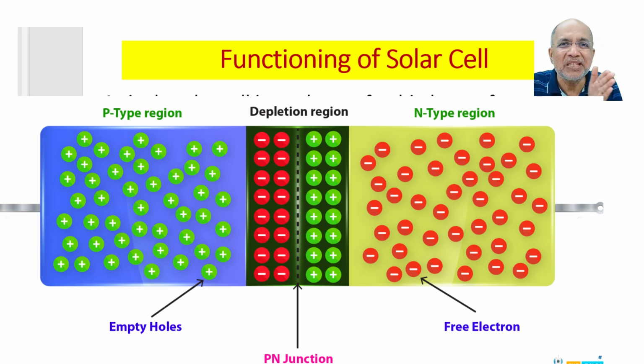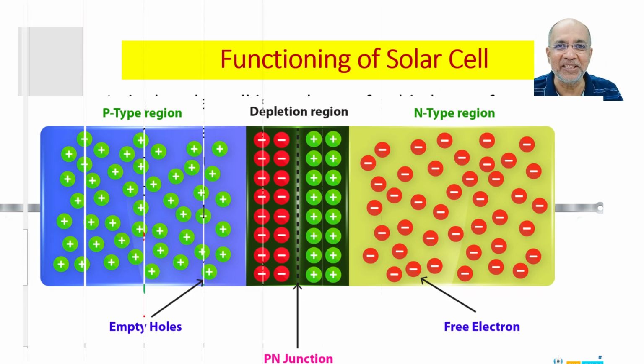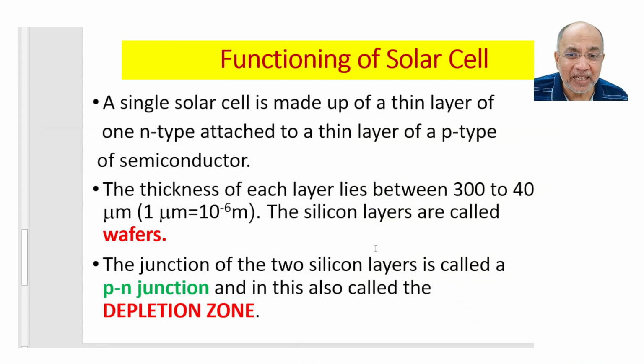No. Simply, we are attaching P-type and N-type silicon semiconductors, and in the vicinity of this junction a very peculiar kind of region will develop. That peculiar zone is called the depletion zone. We'll talk about the details very soon. These silicon layers which are attached are very thin, 300 to 400 micrometer. These silicon layers are called silicon wafers.